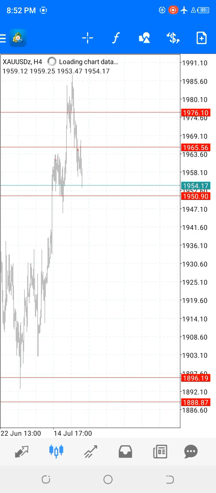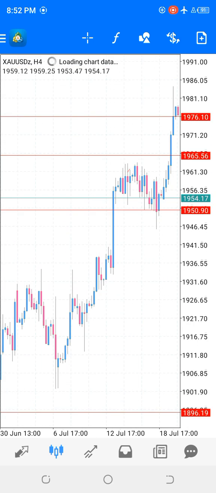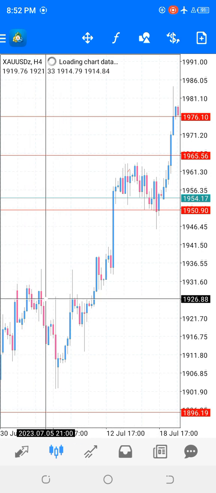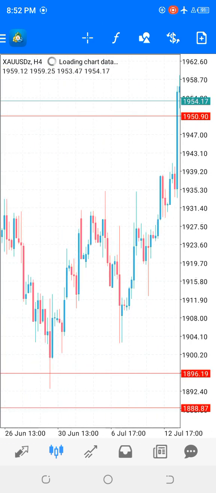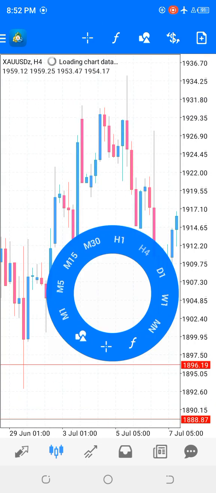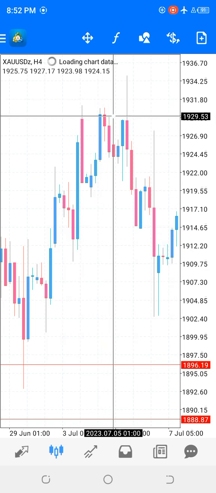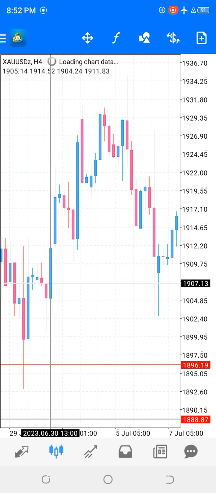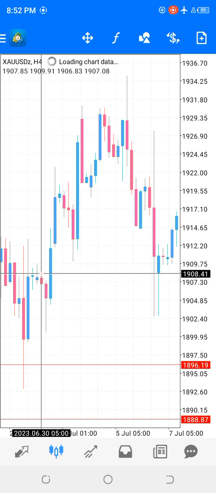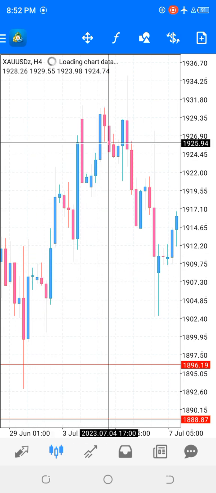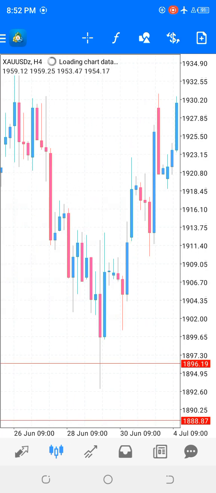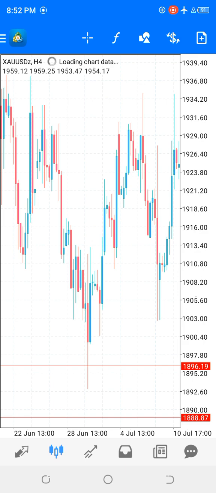Like on my chart, this is a pink candle inside bar, and this blue candle right here is a blue candle inside bar. So you have to show me two different colors inside bars.